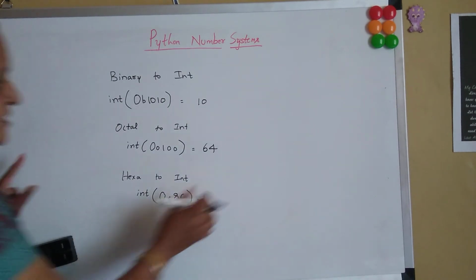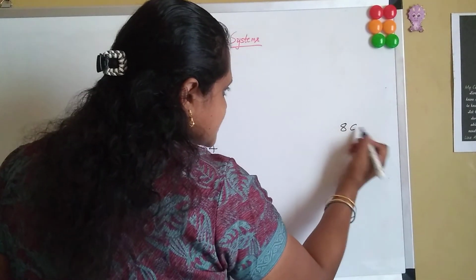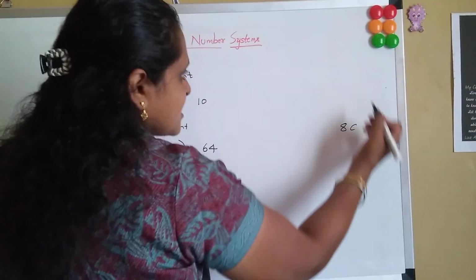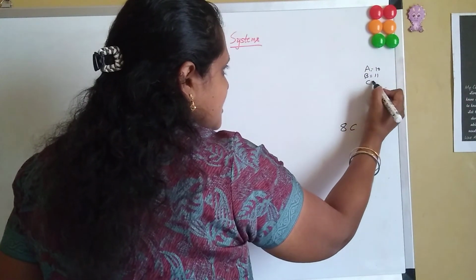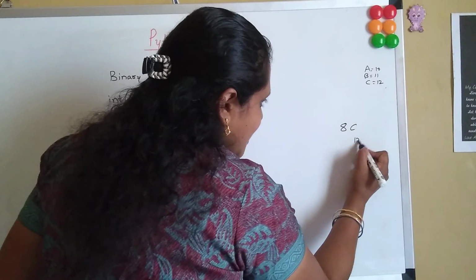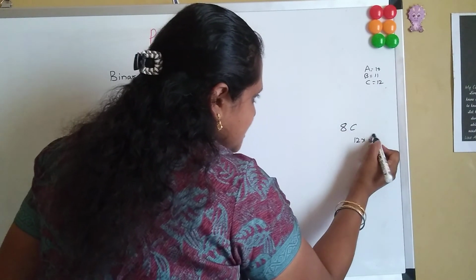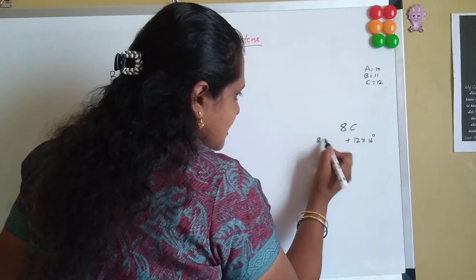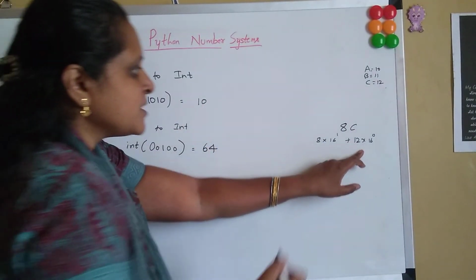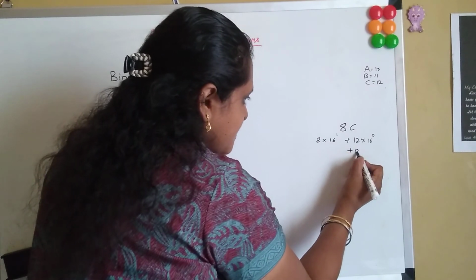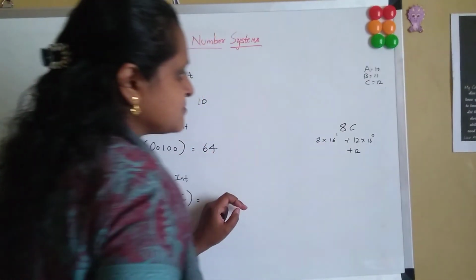Since it has 8 and C in hexa, C is nothing but, A is equal to 10, B is 11, C is 12. So 12 into 16 to the power of 0 plus 8 into 16 to the power of 1. So this will be 12 into 1 is 12, 16 eights are.